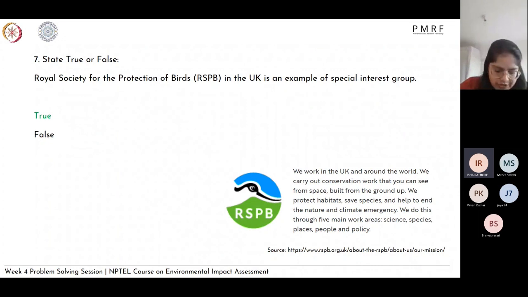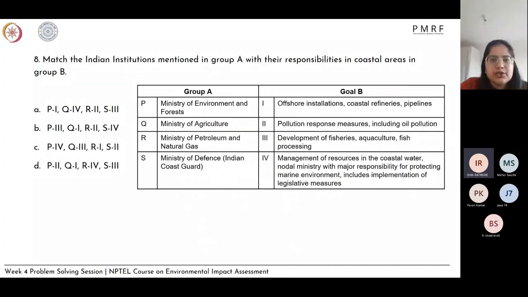So moving on to question 8, match the Indian institute mentioned in Group A with the responsibilities in coastal areas in Group B. So Group A has institutions specific to India, and Group B has their responsibilities in the context of coastal areas.